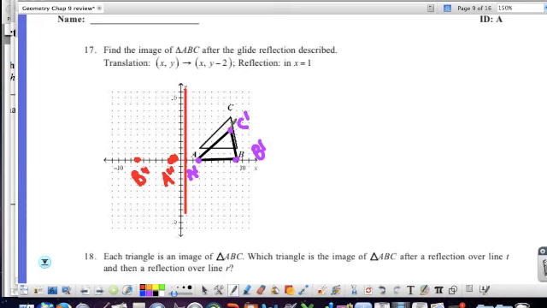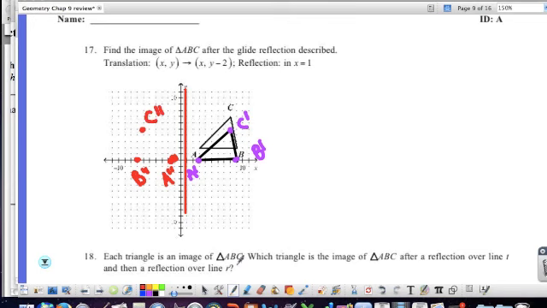And C is 1, 2, 3, 4, 5, 6, 7 spaces to the right. So the new one is 1, wait, what line am I on here? Right here, right? No, up, okay. 1, 2, 3, 4, 5, 6, 7.